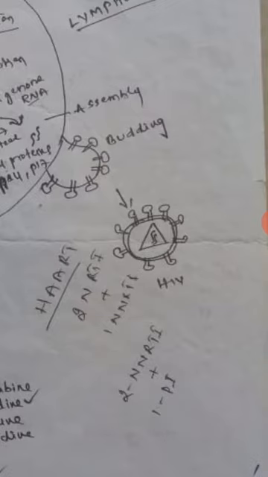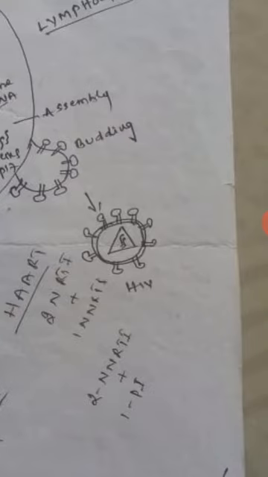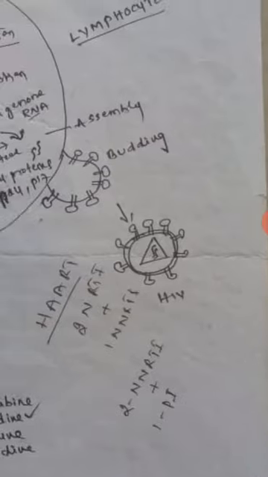The virus immediately released from the T lymphocytes after replication is called an immature virion. Immature virion means it does not contain any structural component available to attach to the host cell, so it converts from immature virion to mature virion in the presence of protease enzyme.